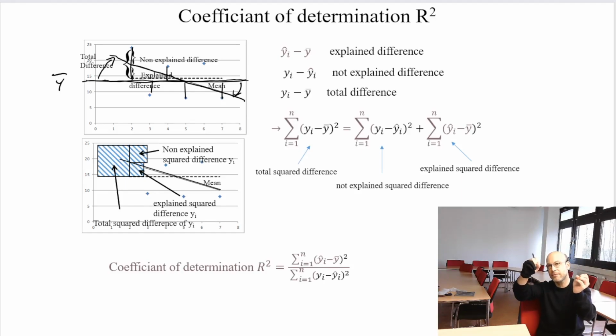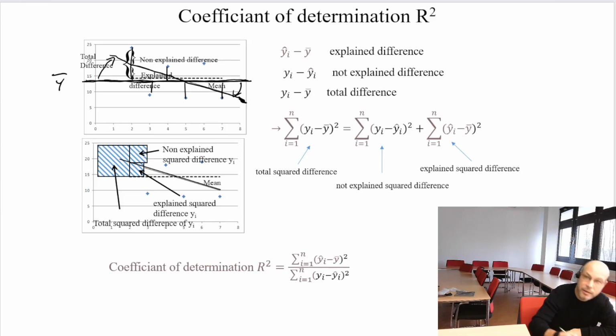And this means on average the distances of our data points with respect to the regression line are lower than the distances with respect to our mean. And therefore, roughly speaking, we are in a better situation, as our distances have decreased. And this is meant by explaining the dependence via this linear regression line.